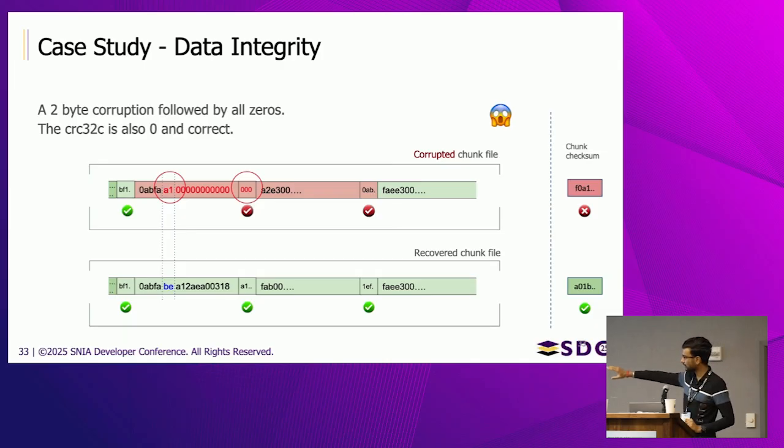If we look at the corrupt chunk versus the recovered chunk, we first see a 2-byte mismatch, followed by multiple zeros, all zeros, including the CRC32C itself, which is also 0. And the CRC32C exactly matches the data. This is a very interesting corruption pattern.